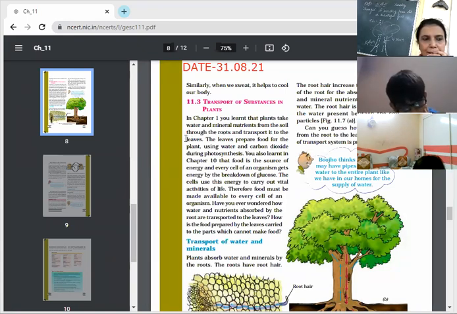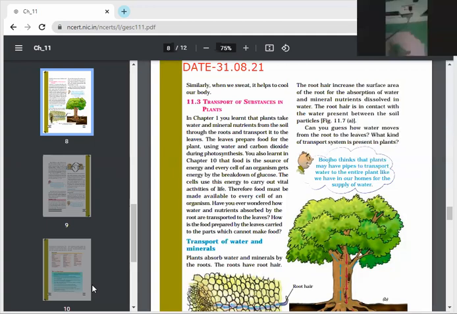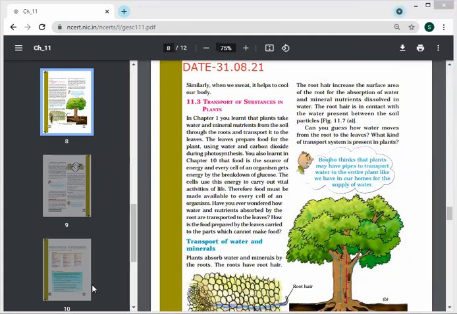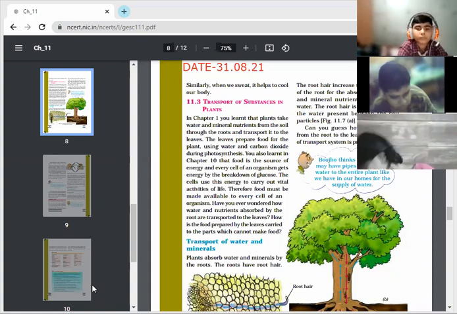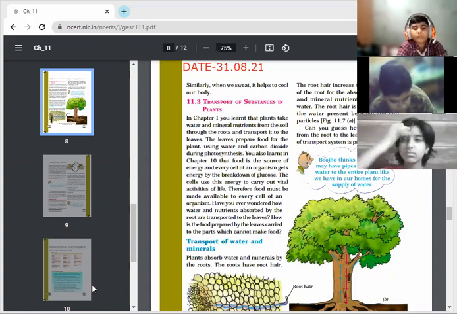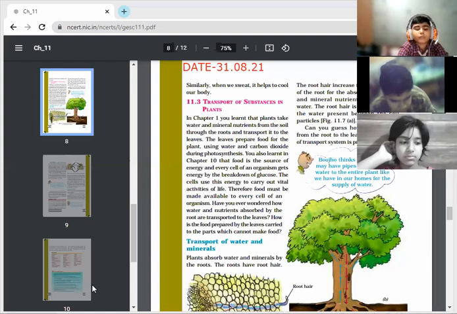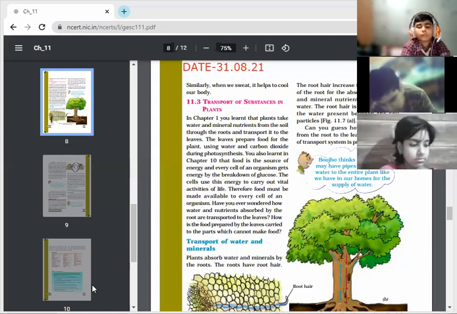In the circulatory system, you have read how blood flows into our body through arteries and veins. These are the blood vessels. One of them carries oxygen-rich blood and the second carries carbon dioxide-rich blood. Now the same thing, transportation, we are going to study in plants. What is present in plants which carries out all those functions?